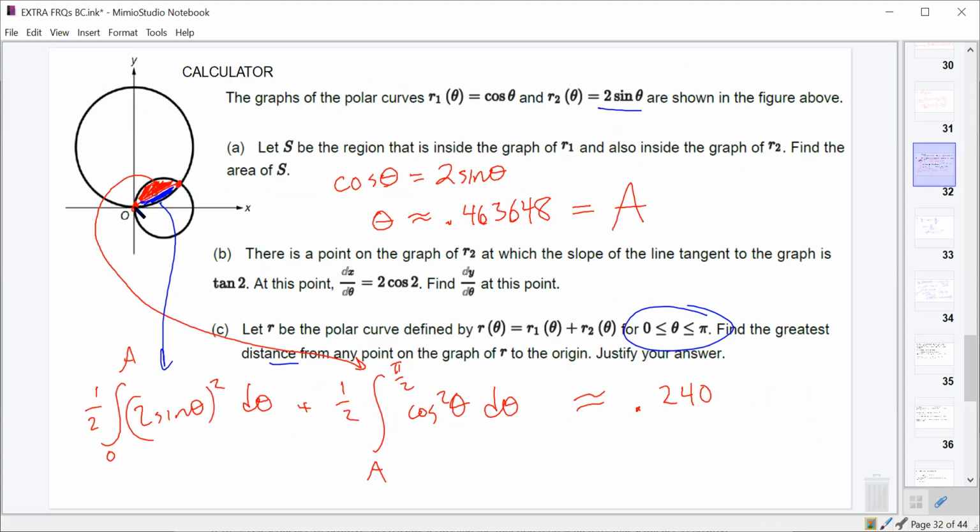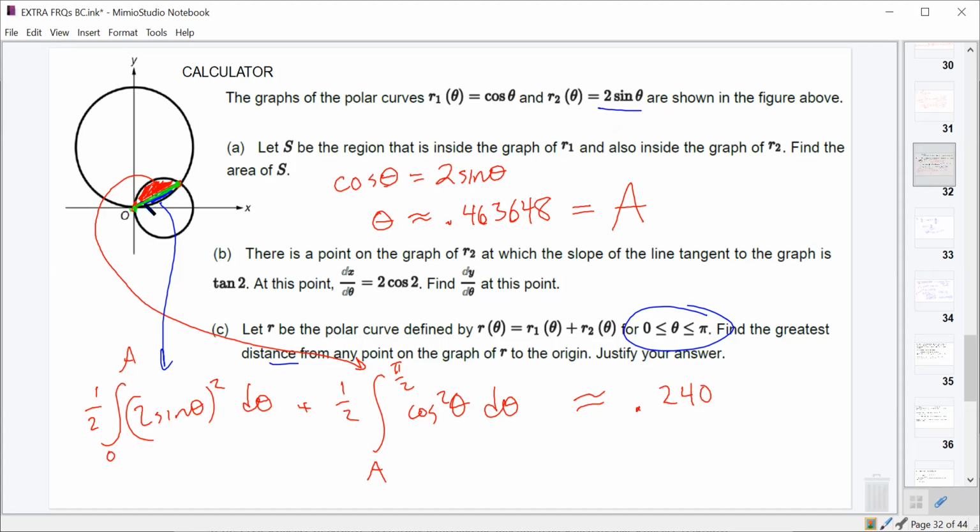So I can go from 0 to this 0.463 value on my first curve, 2 sine theta, because the stuff below the green line is all part of this larger circle, from the origin to this point at 0.463. If I plug 0 into 2 sine theta, sine of 0 is 0, so the radius at 0 is 0, which tells me I'm at the pole. So I'm going from 0 to the value at 0.463.